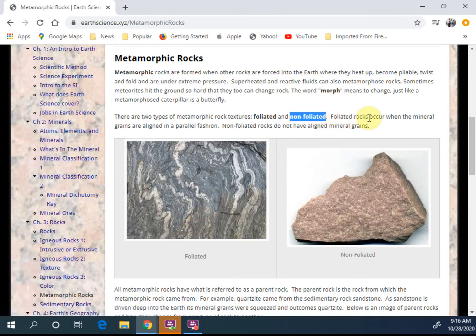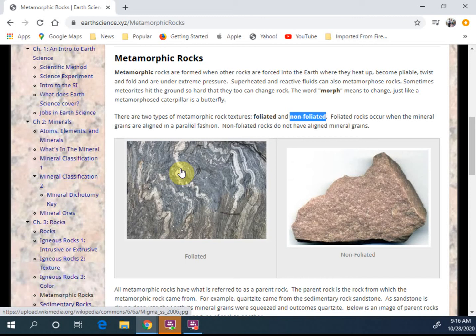Foliated rocks occur when the mineral grains are aligned in a parallel fashion. This happens at depth, when the rock has many different types of minerals, each with a different melting point.